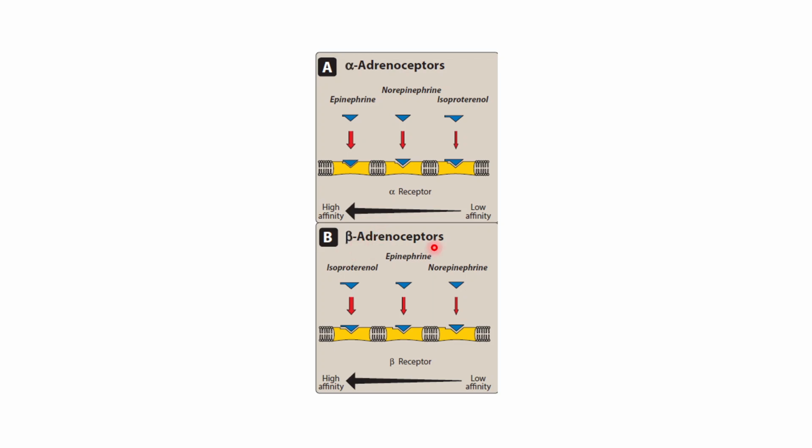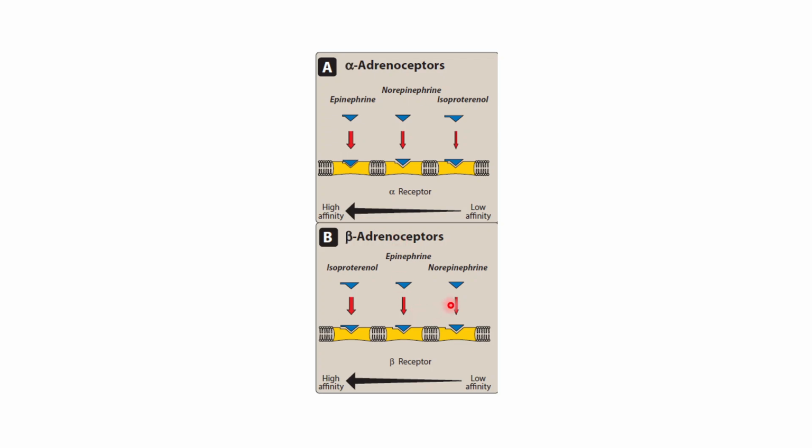The stimulation of these beta 2 receptors will relax the vessels that supply blood to the skeletal muscle. That is why when we run and fight, there is more blood going to the muscles than to other organs.